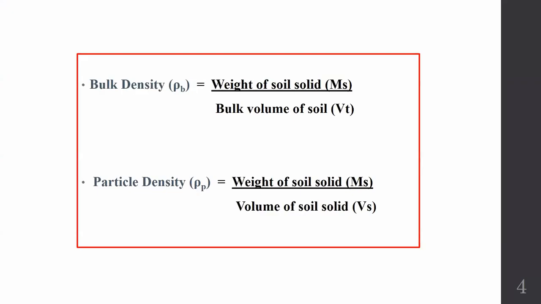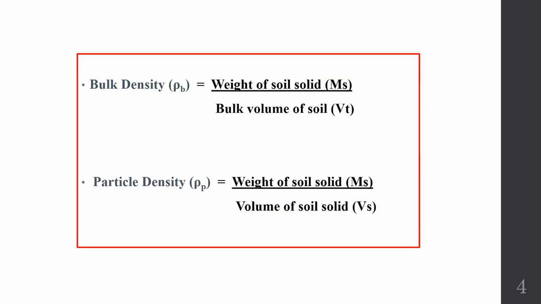Volume of air, volume of water, volume of soil solid. Yeah, that total volume contains the volume of water and volume of air, which together we can call the pore space volume, along with the solid volume. For finding bulk density, we use that bulk volume of the soil.